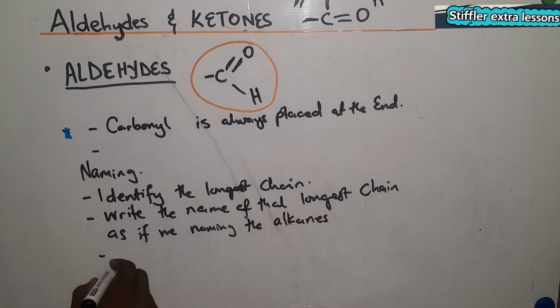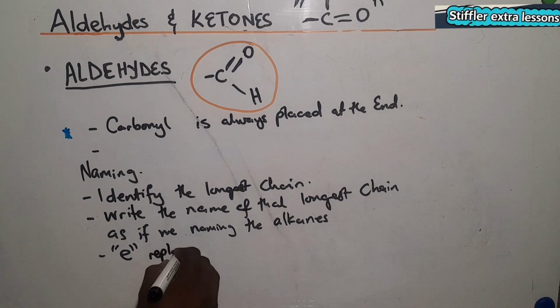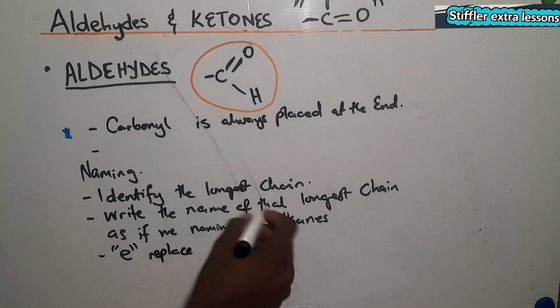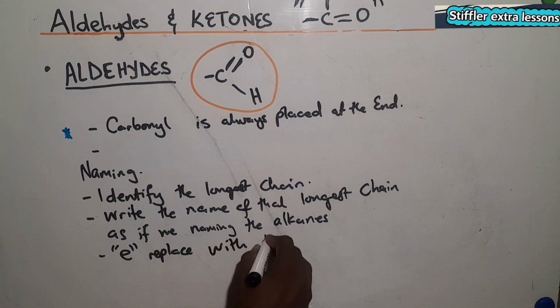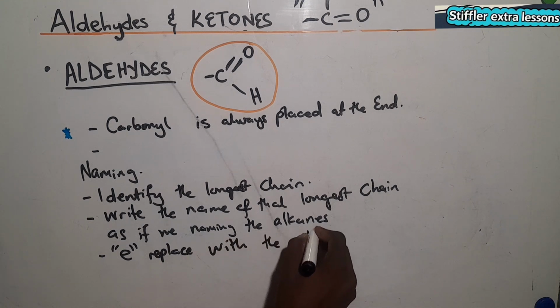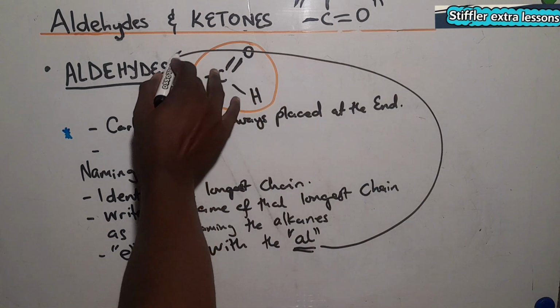But now we replace that E at the end of the alkane name with al. So this al shows that this falls under aldehydes.